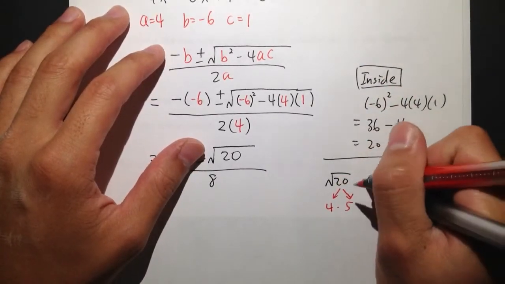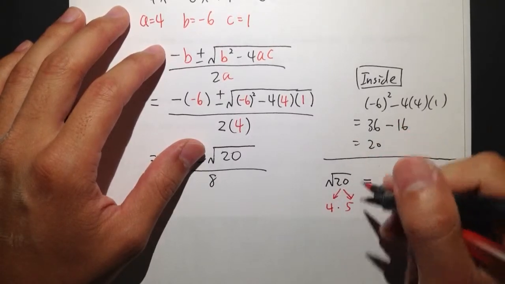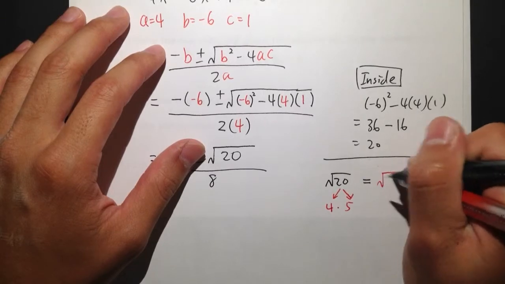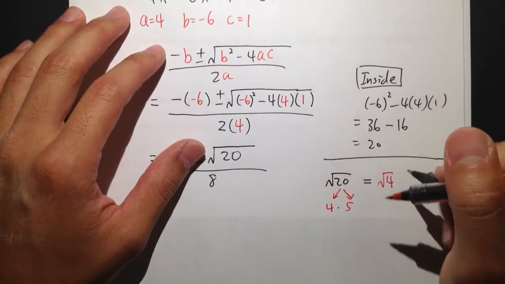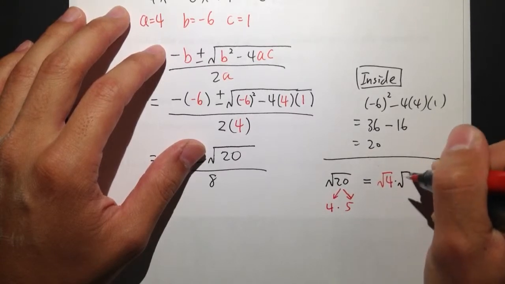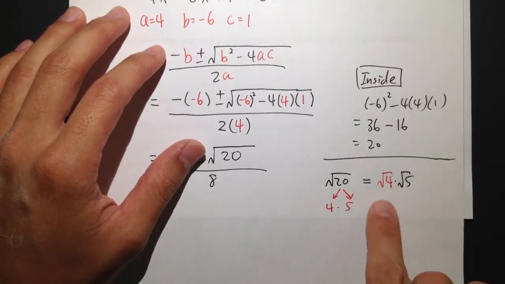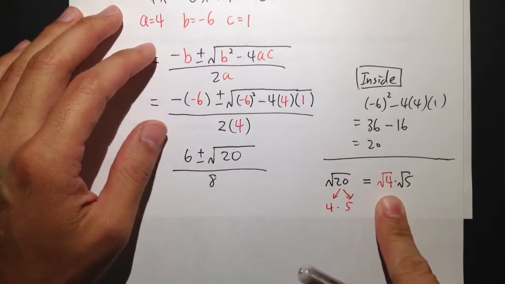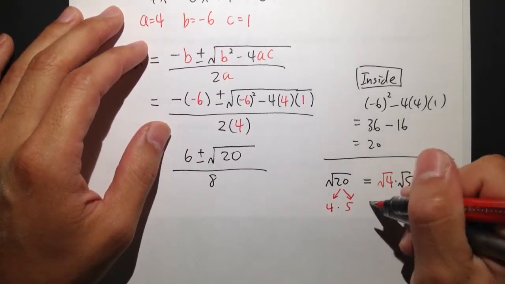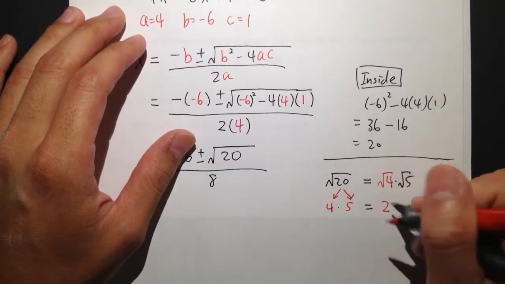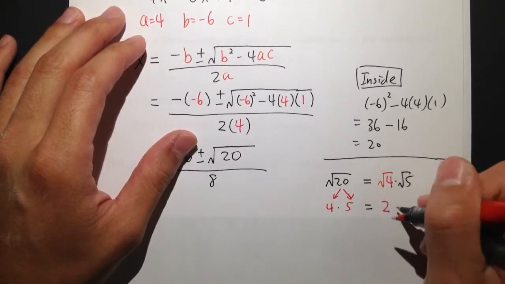Okay, so in this case, we are going to look at this as square root of 4. And I can break down the square root of 20 as square root of 4 times square root of 5. And square root of 4 is equal to 2. It's a perfect square. Right? 2 times 2 is equal to 4. So that's equal to 2, just a regular 2, no more square root.